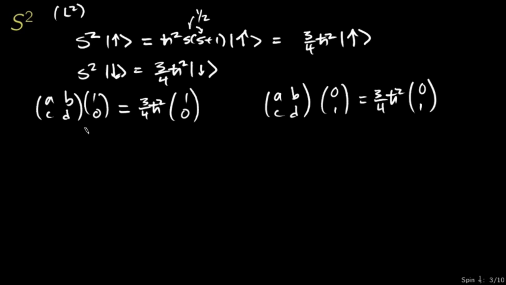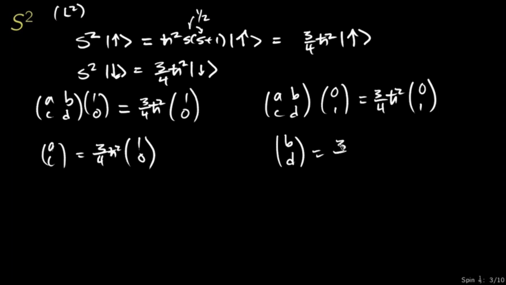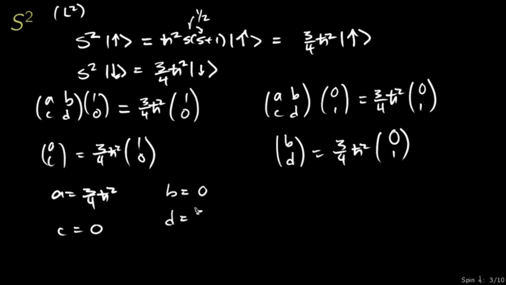Now each of these we can expand out. We can do the matrix-vector product here, and when we do, we get (a, c) is equal to 3/4 ħ² (1, 0). Likewise here, we get (b, d) is 3/4 ħ² (0, 1). This tells us that a is equal to 3/4 ħ², and that c is equal to 0. And correspondingly, b is equal to 0, and d is equal to 3/4 ħ².